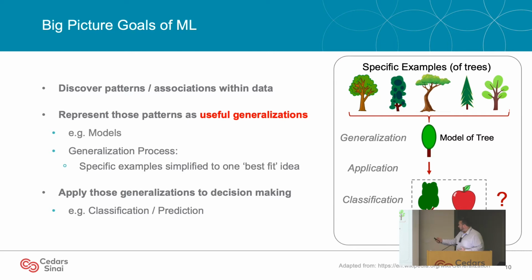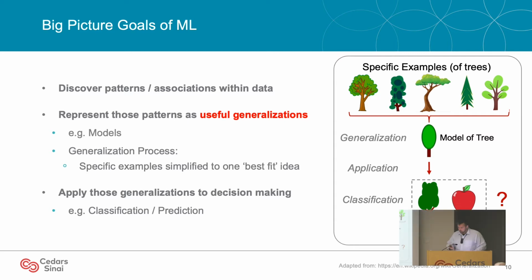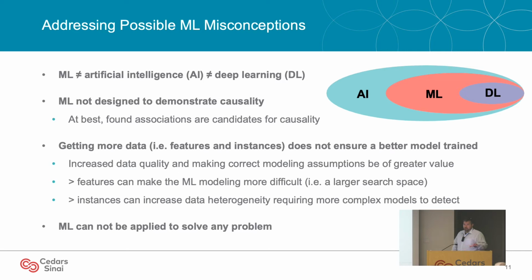So for example, we might be trying to conduct classification or prediction. So if we take this model of a tree and then apply it to a couple of new specific instances, we're trying to determine, does this fit our model of a tree or not, and ultimately make a correct prediction. Pretty straightforward? Okay. It'll get more complicated later.